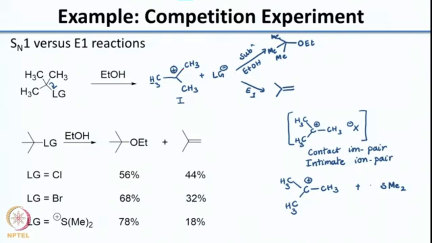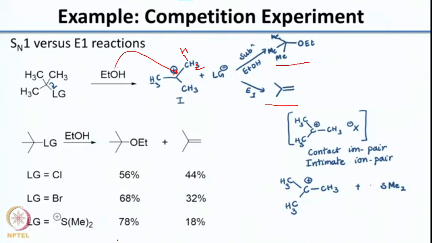Then this stable carbocation will either get trapped by the nucleophile to give the SN1 product, or otherwise it can undergo elimination of a proton, an elimination reaction, to give the E1 product. So here we have a competition between both the products.